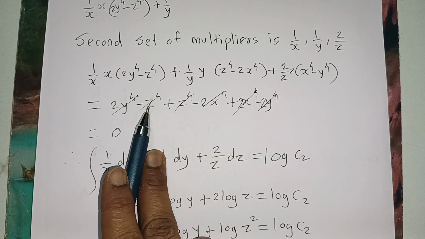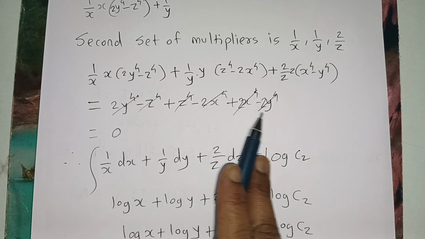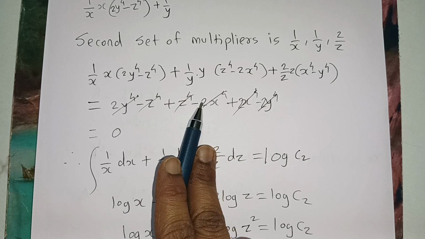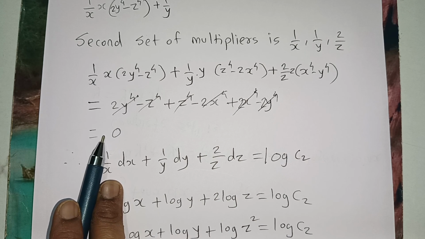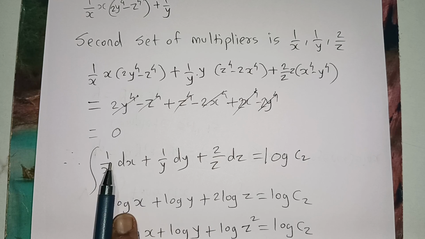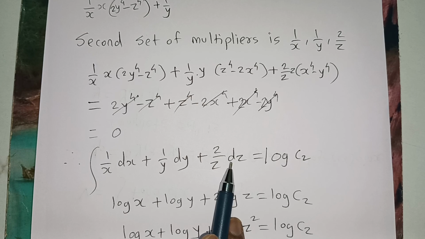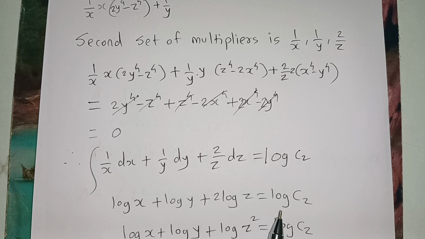So all the terms have equal like terms with opposite signs: 2y raised to 4 minus 2y raised to 4 is 0, minus z raised to 4 plus z raised to 4 is 0, and minus 2x raised to 4 plus 2x raised to 4 is 0. So you get 0. So the second solution is the integration of the first multiplier dx plus the second multiplier dy plus the third multiplier dz is equal to log of c2. Why log of c2? Because you have all the terms after integration in terms of log.